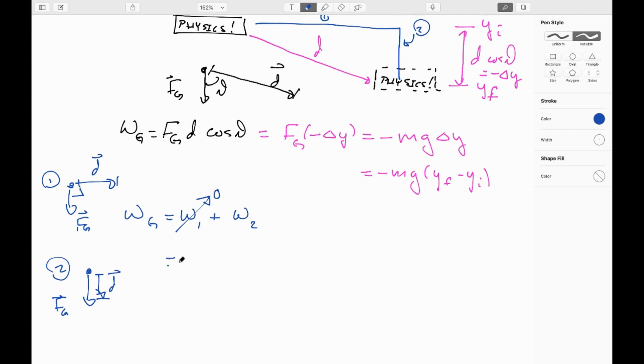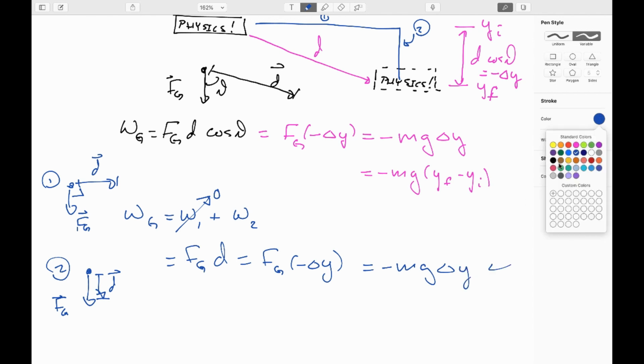So this will be equal to the force of gravity times that displacement, but we just showed that displacement is just this change in height, minus delta y. Fg times minus delta y. And again, we can put in mg to get minus mg delta y. Great, so it's the same for the pink path as the blue path.